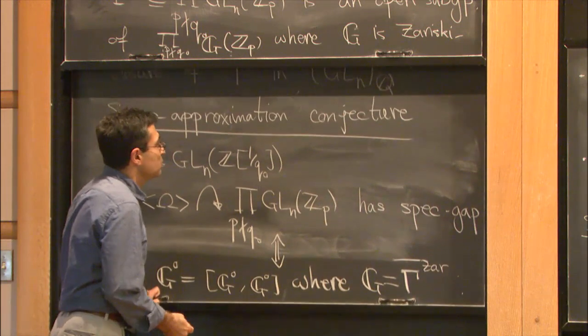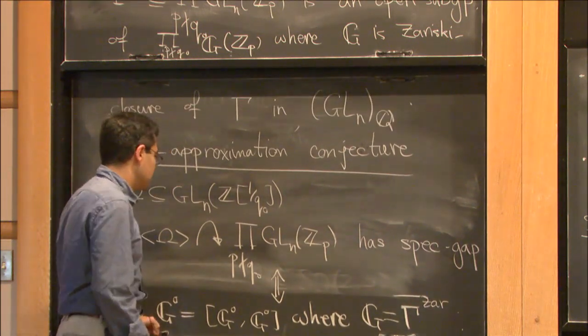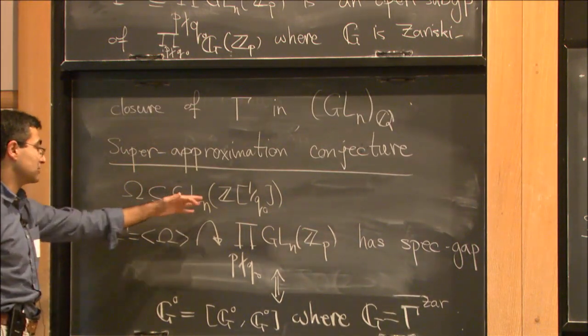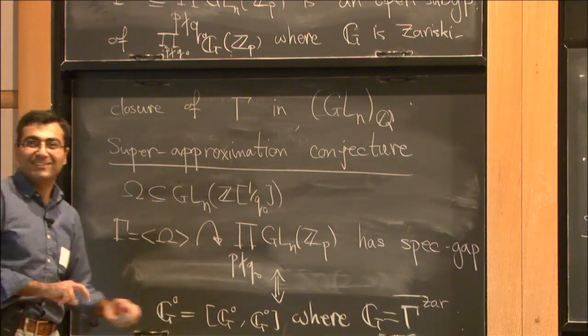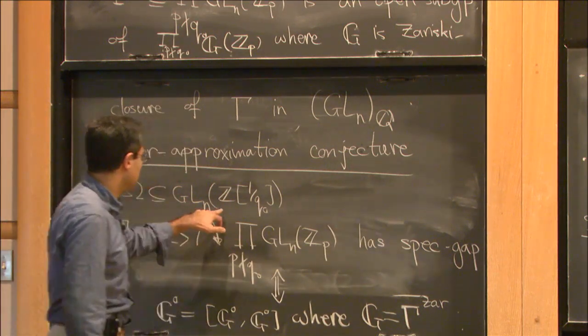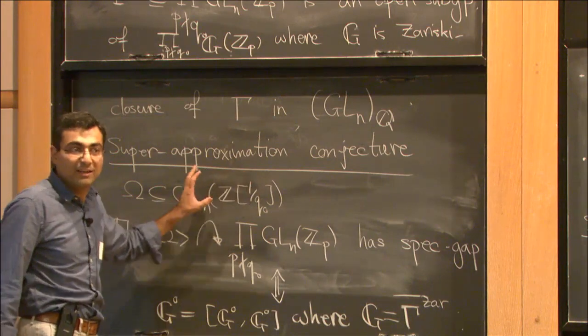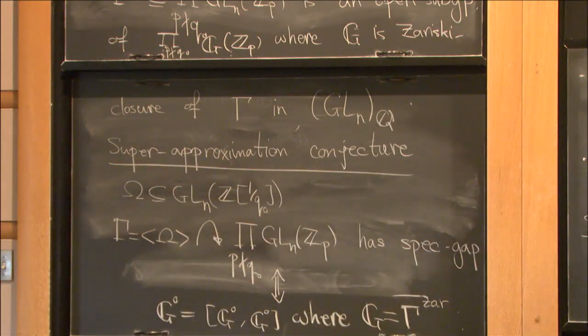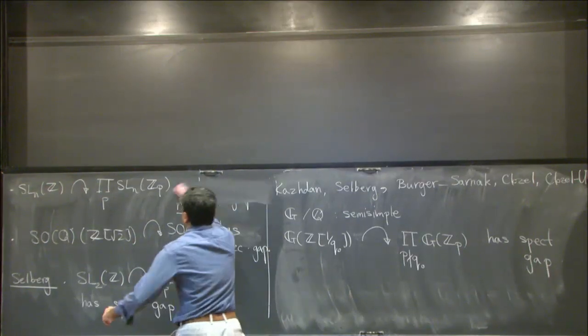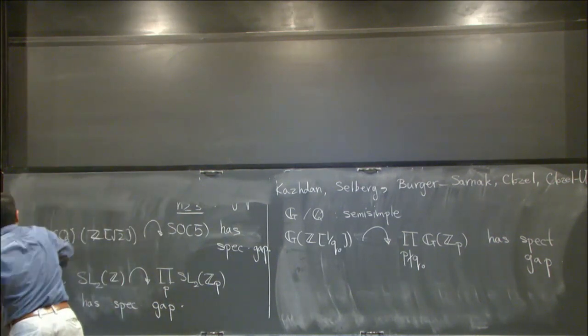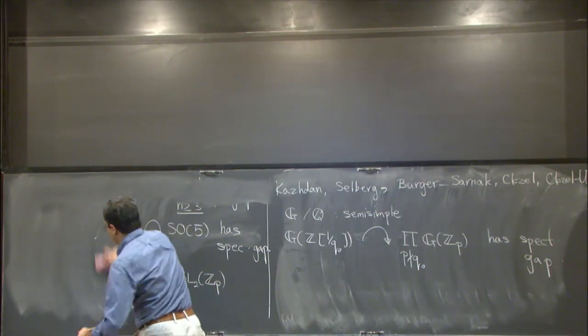In this form, it is due to myself and Varya. There is another stronger form due to Alex Lubotzky, but I don't dare to go there. So Alex goes to finitely generated rings, but I stay here. Okay. Now, what do we know?